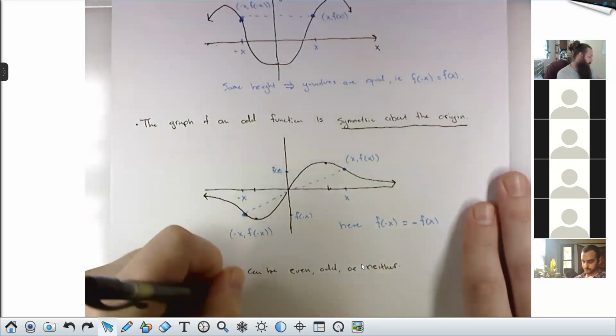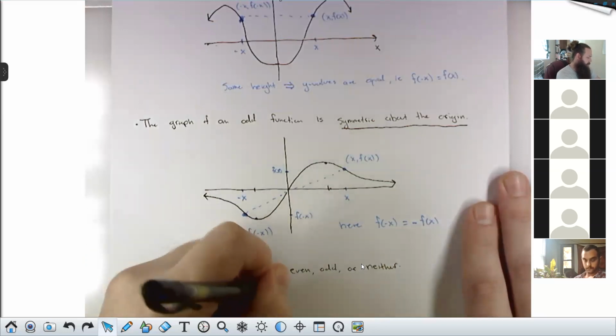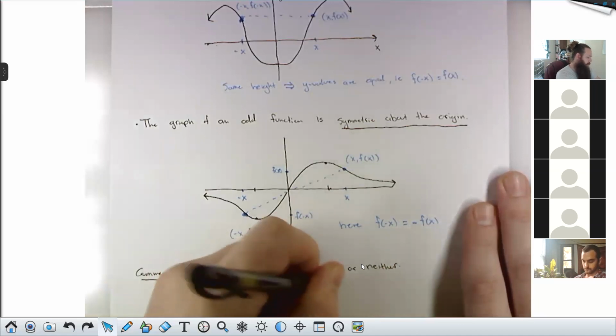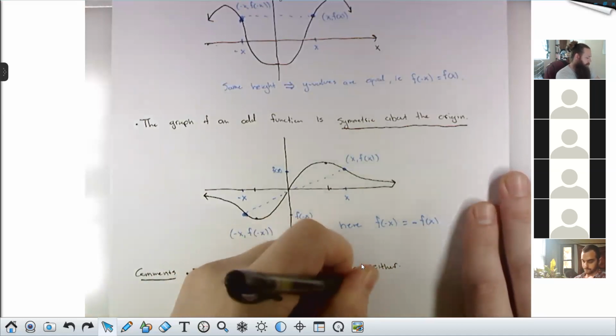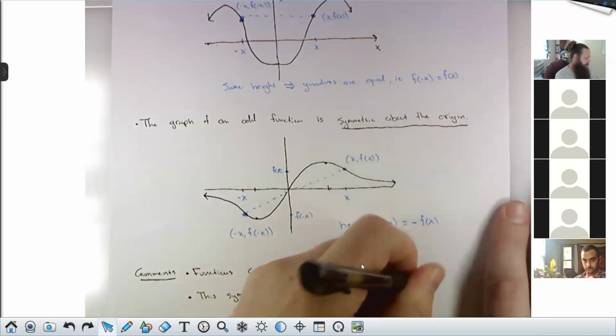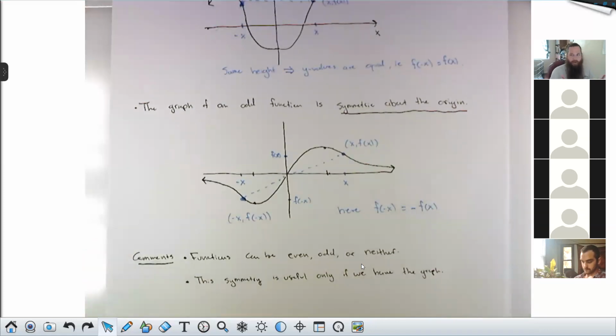This symmetry stuff is useful only if we have the graph. Right? I can't use a symmetry argument to say this is an even function or this is an odd function if I don't have the graph of the function to begin with.